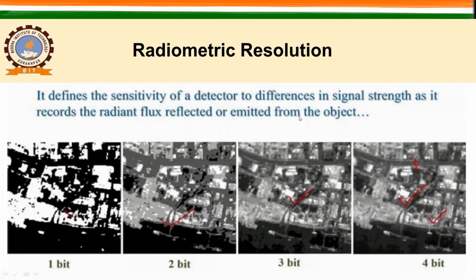So radiometric resolution is very important in terms of the level of information captured by the sensor. Here you can see this is 1-bit data, this is 2-bit data, this is 3-bit data, and this is 4-bit data.